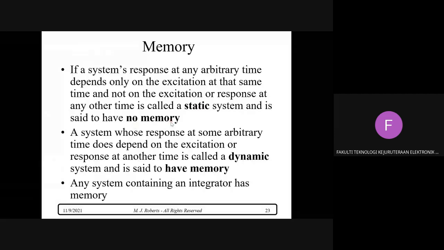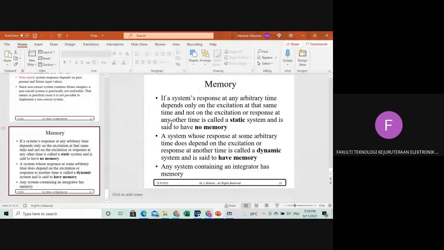But a system with memory, we call it a memory system or dynamic system. So an integrator has memory because when you do integration, you have to add C, right? So the initial condition, what is the initial condition before you do that?